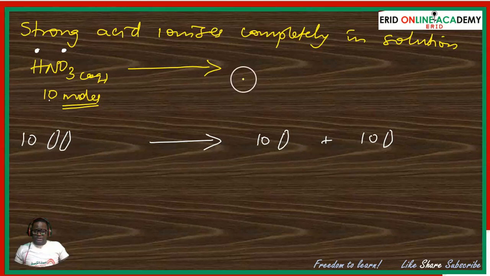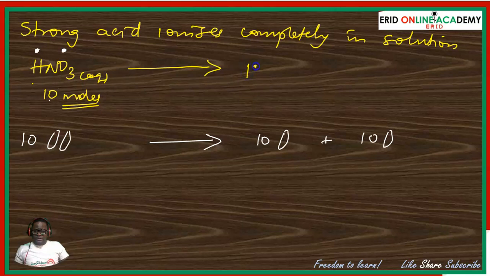So let's look at a strong acid. We said a strong acid dissociates completely. What does that mean? It simply means that if I have 10 moles of nitric acid, for example, in solution, when it ionizes, that is, forms ions in solution, all the possible hydrogen ion available would be released into the solution.